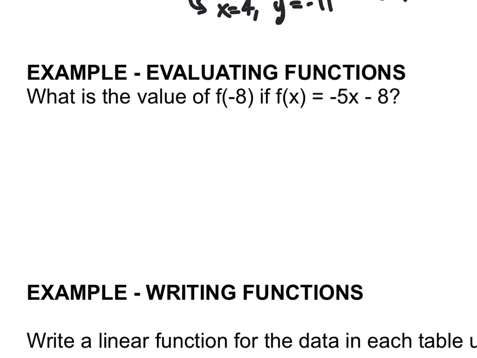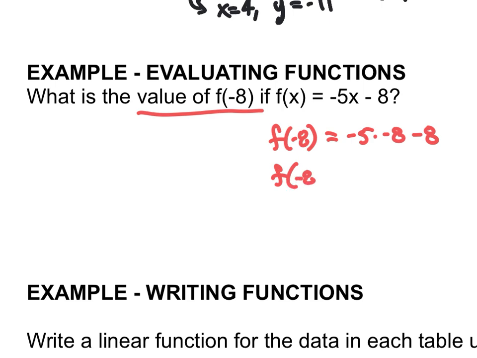It says, evaluating functions: what is the value of f of negative 8 if f of x is equal to negative 5 times x minus 8? So it wants us to find the value of f of negative 8. I'm going to plug in negative 8 into this function, and I'm going to do negative 5 times negative 8 minus 8.